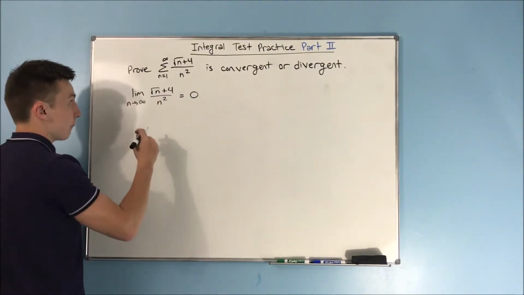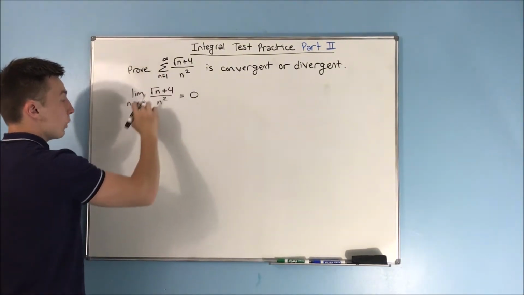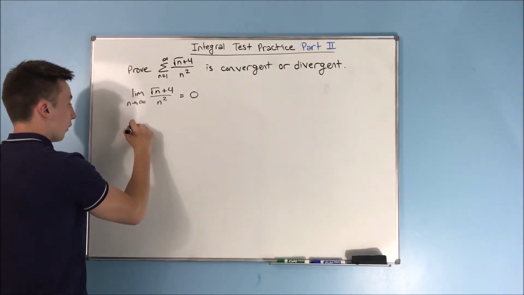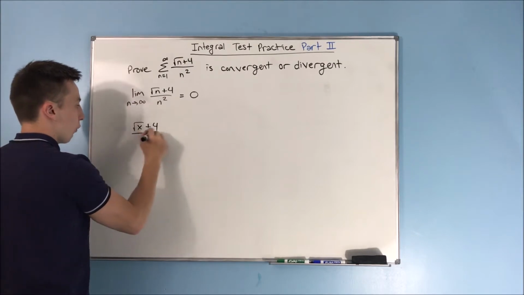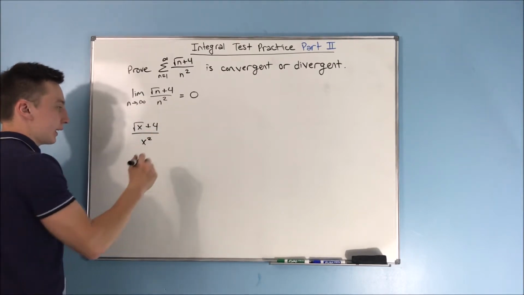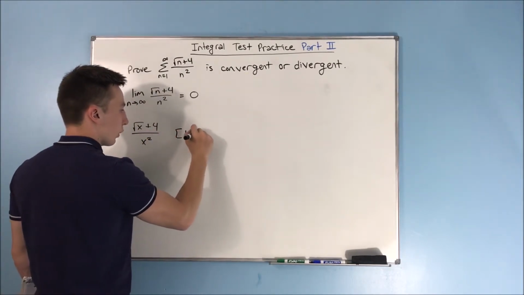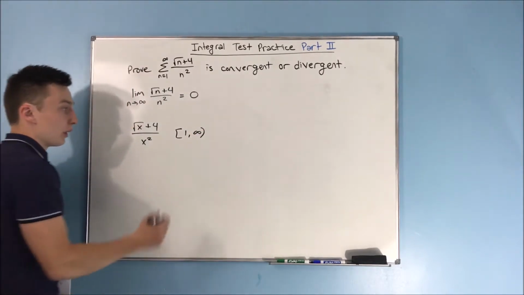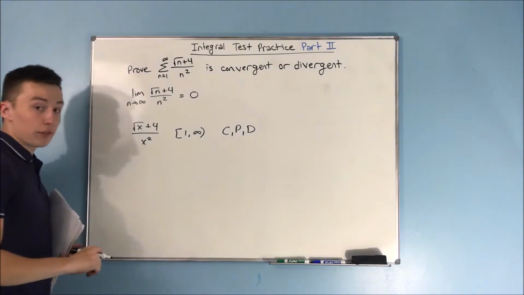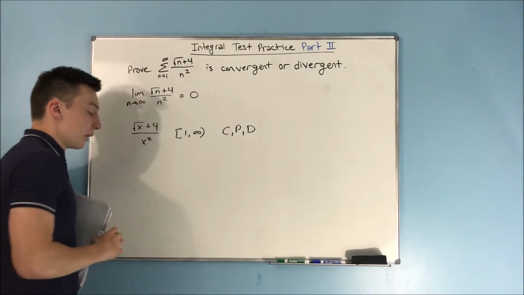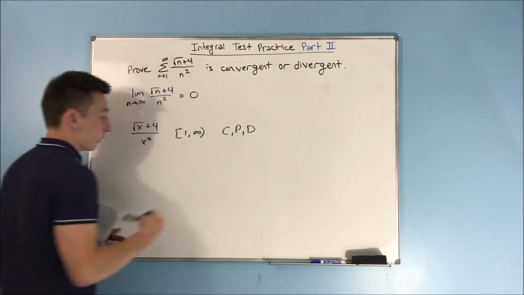to the integral test. Now, we can try to figure out this with the function rad x plus 4 over x squared. And let's say that we want this on the interval 1 to infinity. Will this work? Well, is it continuous, positive, and decreasing? That's what we need to find out. Okay, so first off, is it continuous?